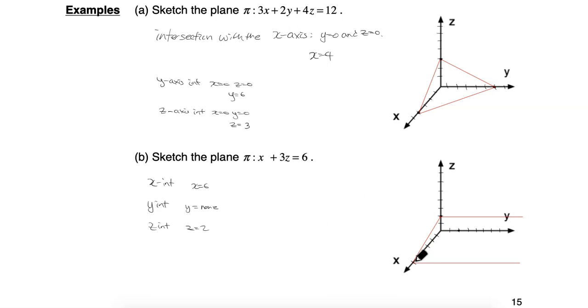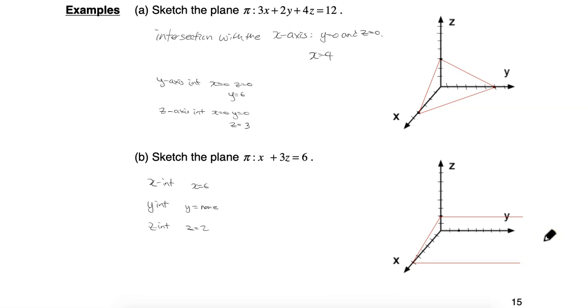There's no y. We get z equals 2. And now y, well, there's no y-intercept, and what that means is that the plane is parallel to the y-axis. So after drawing the line between the two intercepts we found, we have to carefully draw lines that are parallel to the y-axis to show that it never intersects the y-axis.